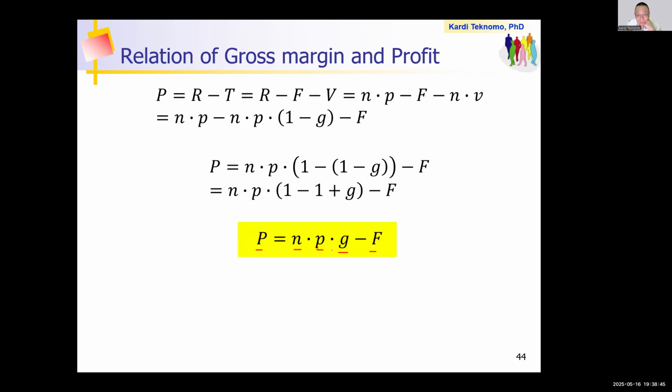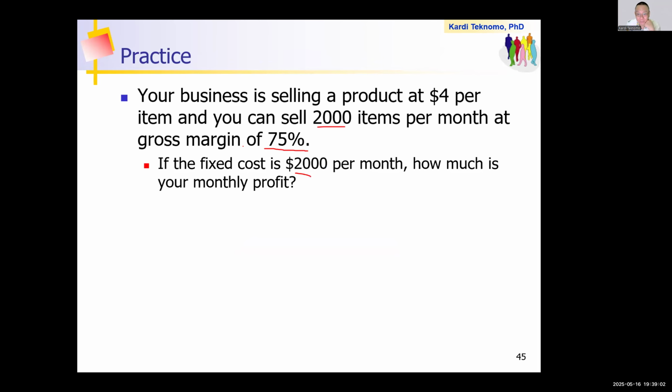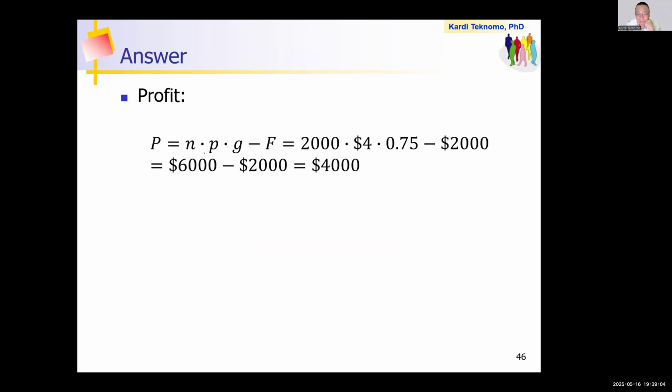I already derived it for you. If you don't want to use it directly, you need to derive it on your own. I think it's good if you practice deriving this formula so that you can understand better. Otherwise you just use it. If you know the actual demand, the unit price, the gross margin and the fixed cost, then you know the profit.